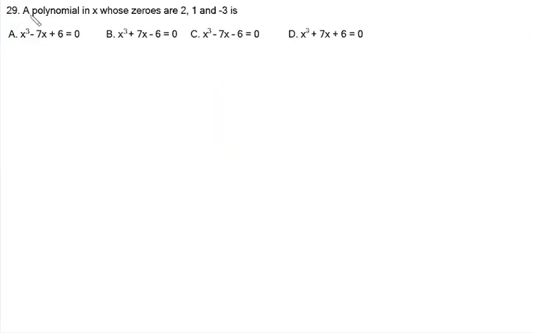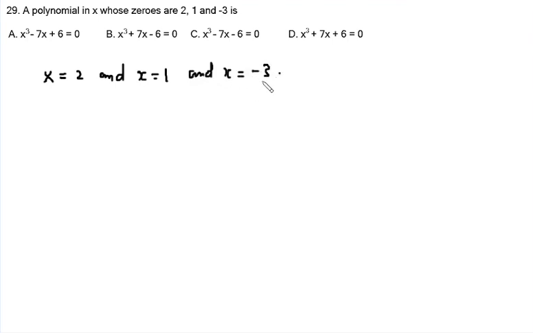For question 29, we're told that a polynomial in x has zeros 2, 1, and minus 3, and we are to find that polynomial. The zeros given are x equals 2, x equals 1, and x equals minus 3.